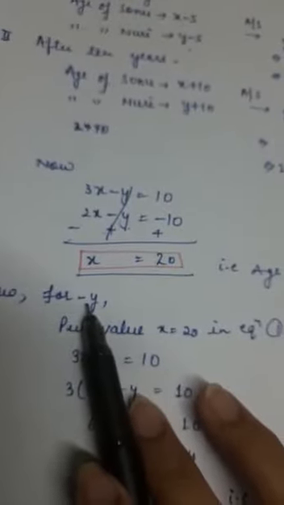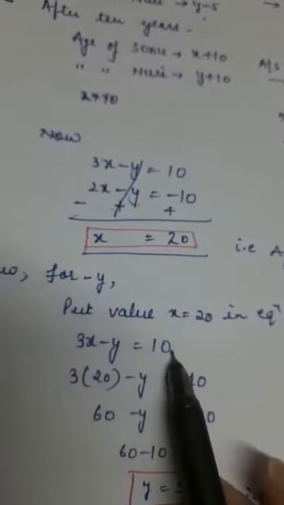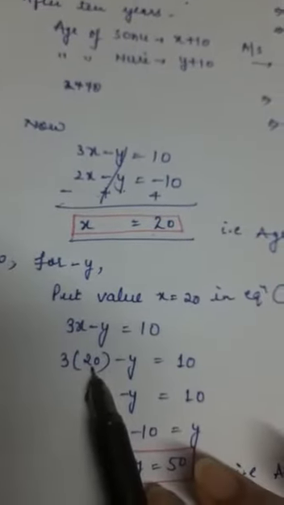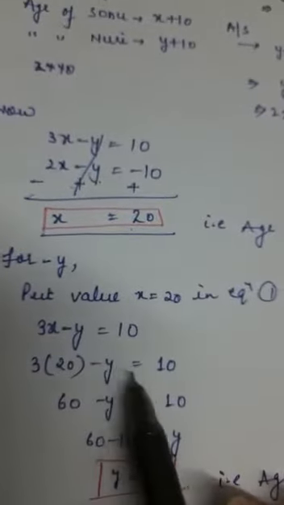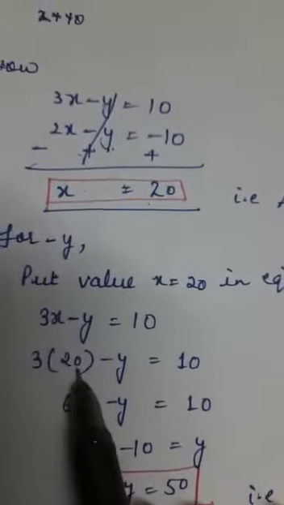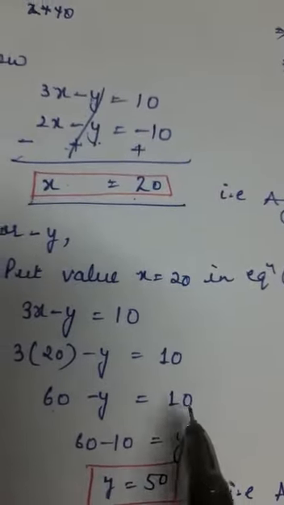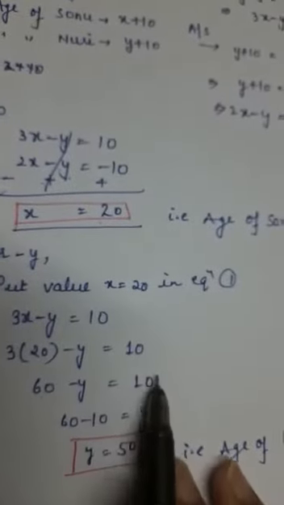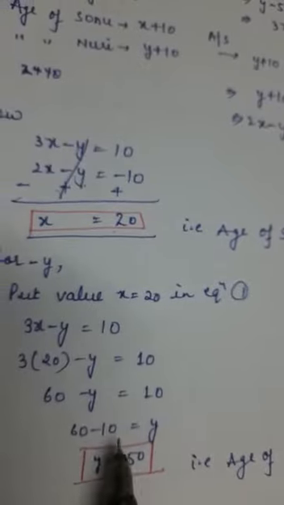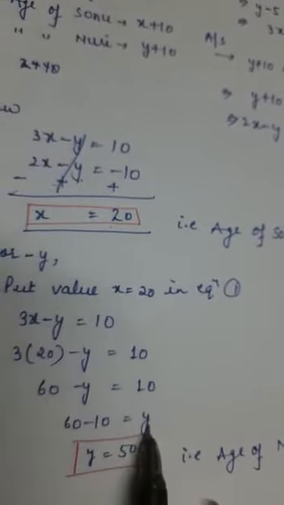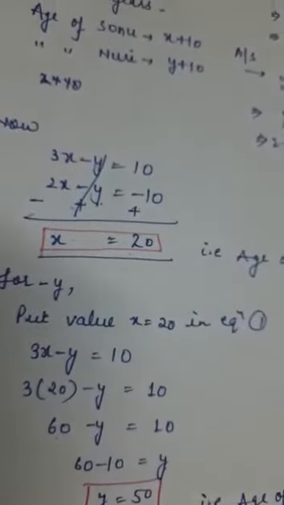Put the value of x in equation 1: 3x minus y is equal to 10. 3 into 20, because x value was 20, minus y is equal to 10. 3 into 20, what will you get? 60 minus y is equal to 10. Now 10 has been shifted to the left hand side and y has been shifted to the right hand side. So what will you get? 50 is equal to y. It means you got x is equal to 20 and y is equal to 50.